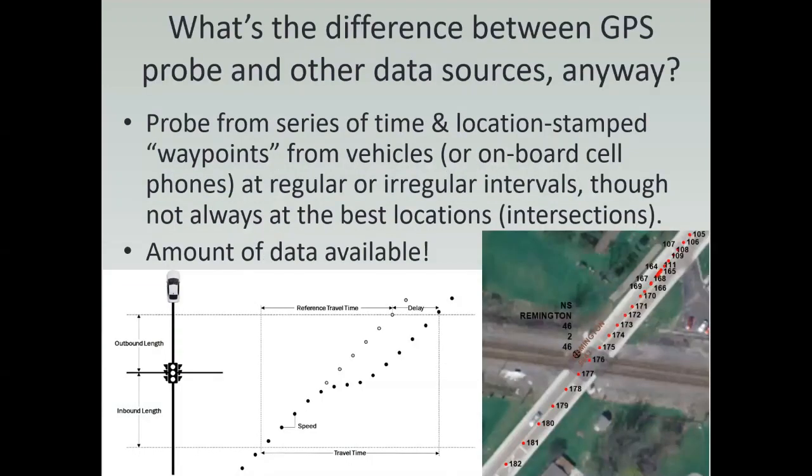I'm sure a lot of you probably already know this part anyway, but the distinction is that GPS data has evolved over time. In terms of the sources of information, in essence it's from either vehicles or cell phones inside a vehicle that are spitting out waypoints that are both time and location stamps, sometimes at regular intervals, sometimes irregular intervals.